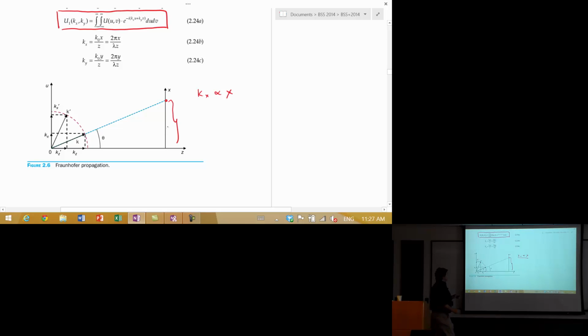It means that if my field here, my impulse field here, has high frequencies in it, in order to observe those, you need to increase your angles. Because x over z is actually exactly this angle theta.